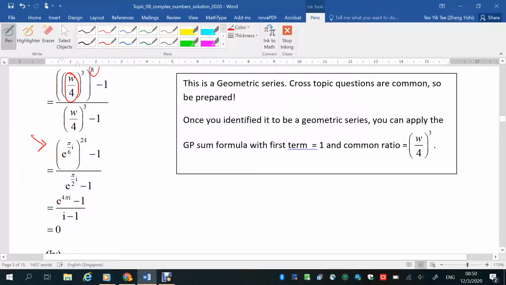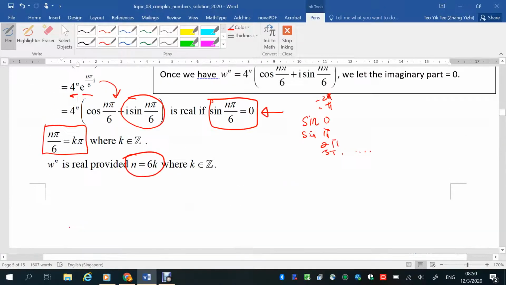You have (e^(4πi) - 1)/(r - 1). So what is actually e^(4πi)? If you work it out, it is 0. So, sorry, it's 1. And then everything will simplify straight to 0. So that's your part 3 done.